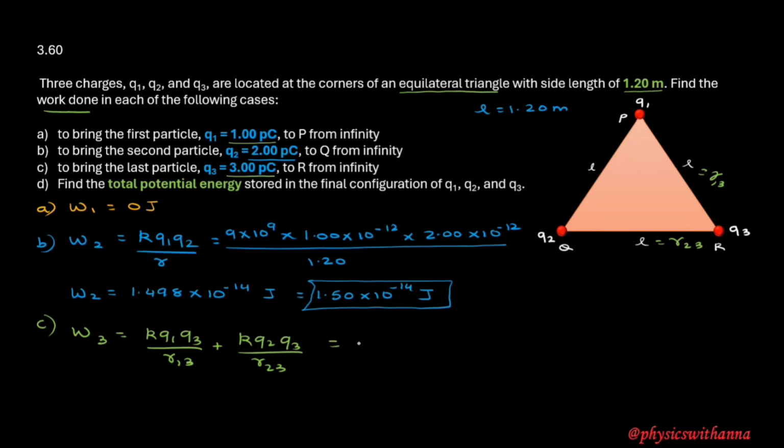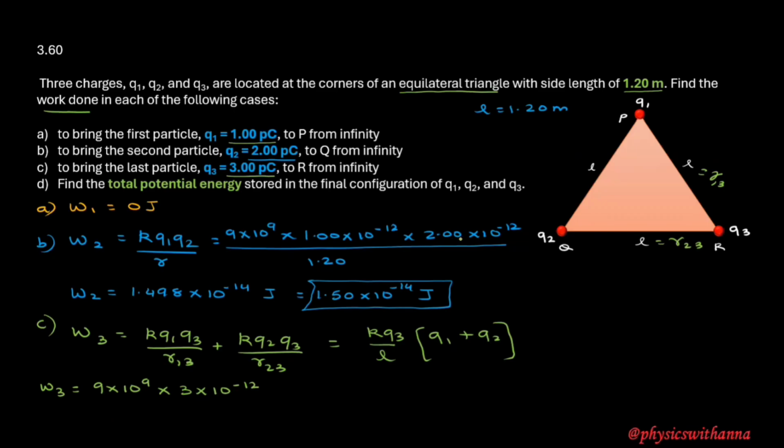Now let's take the common term outside. K and Q3 are common for both, so we write K Q3. R13 and R23 both are equal to L, so we can keep this also outside. Then we are left with Q1 plus Q2. Now substitute their values. We get W3 equal to K, which is 9 times 10 to the power 9, Q3 is 3 picocoulomb, so 3 times 10 to the power negative 12.